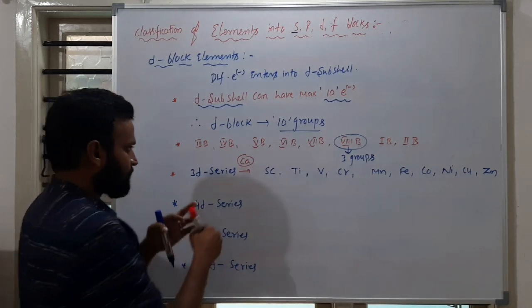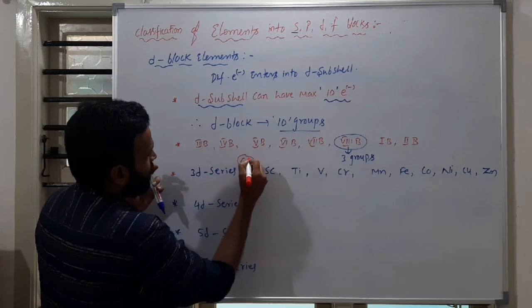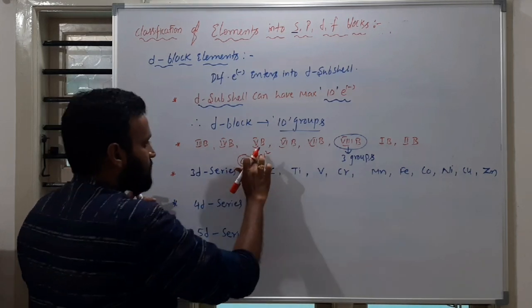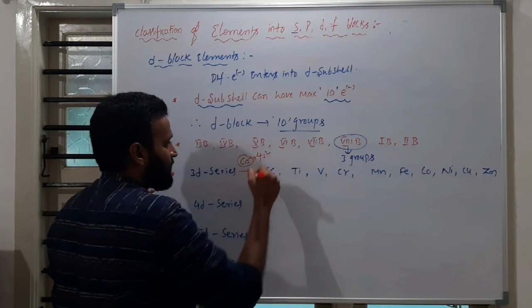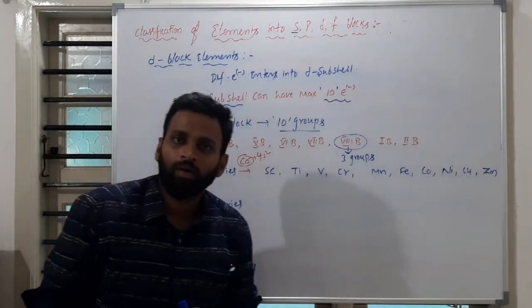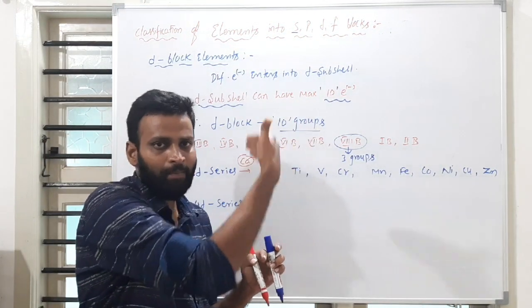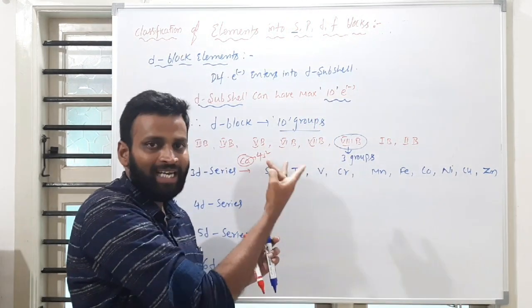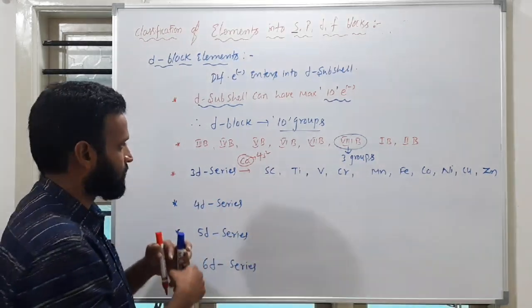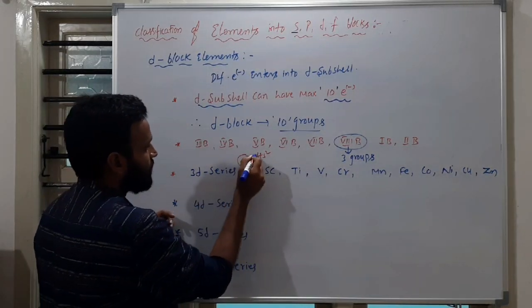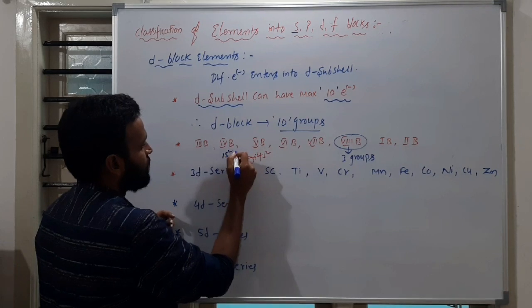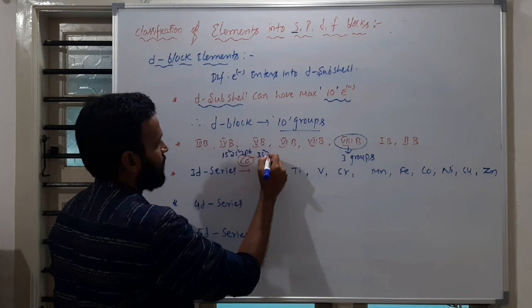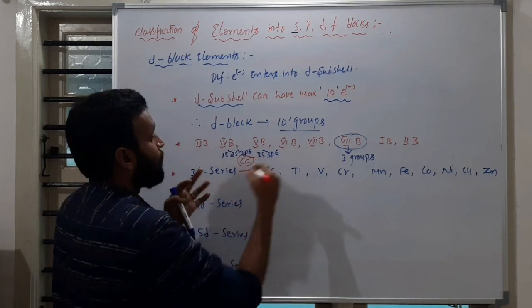These are the elements. What is the calcium configuration? ns2, otherwise directly I will write 4s2. Correct? Beryllium, magnesium, calcium: beryllium 2s2, magnesium 3s2, calcium 4s2. You can check the configurations. I have written only the outermost. Before this it means 1s2, 2s2, 2p6, 3s2, 3p6 and 4s2.